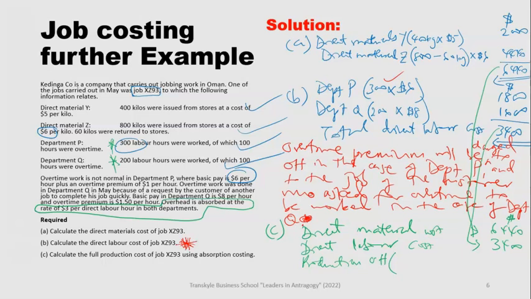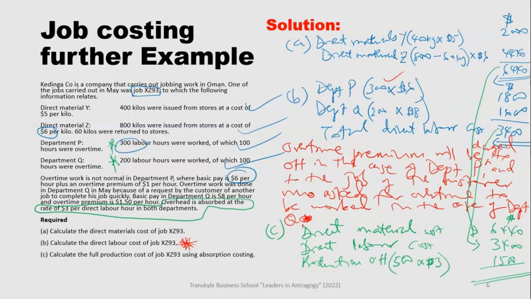So we use that figure, 300 plus 200, we get 500, multiplied by the overhead absorption rate for labor hours. So all the overheads we are worried about have been considered in this overhead absorption rate.